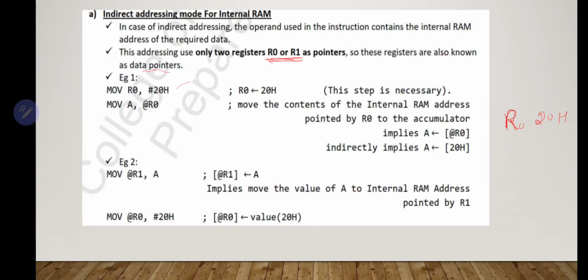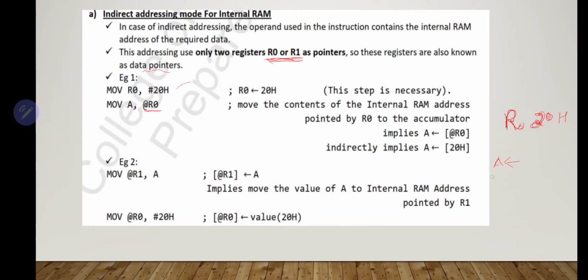Now MOV A, @R0. The at symbol indicates it is an indirect addressing mode. MOV A, @R0 means move the data in R0 to A, right? So how are we calculating? We look at R0. In R0 we have the content 20, but we are not taking this content as data.